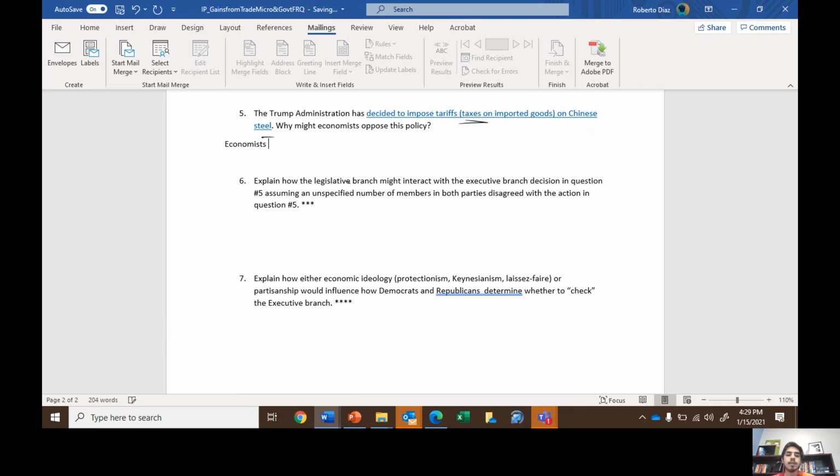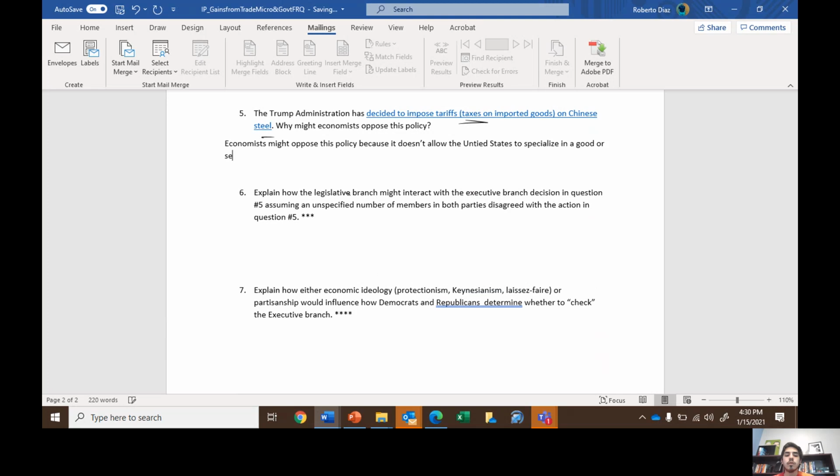So economists might oppose this policy because it doesn't allow the United States to specialize in a good or service in which it has a comparative advantage.